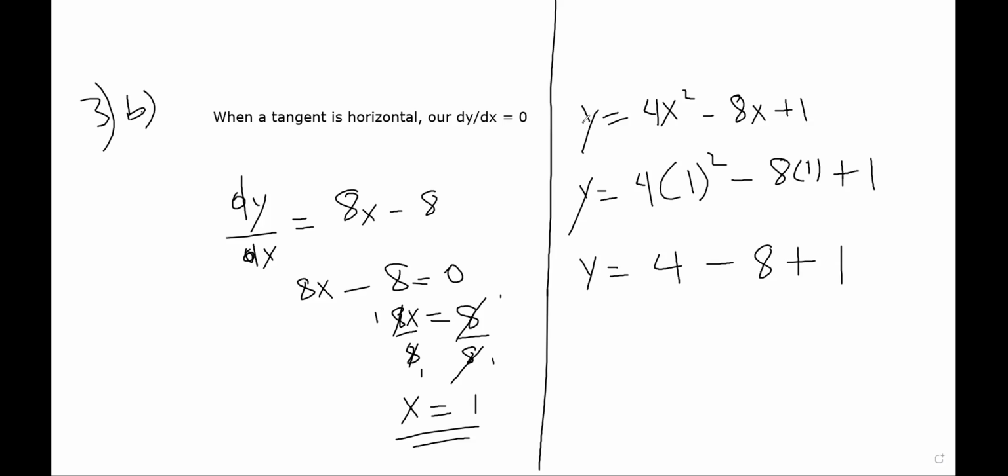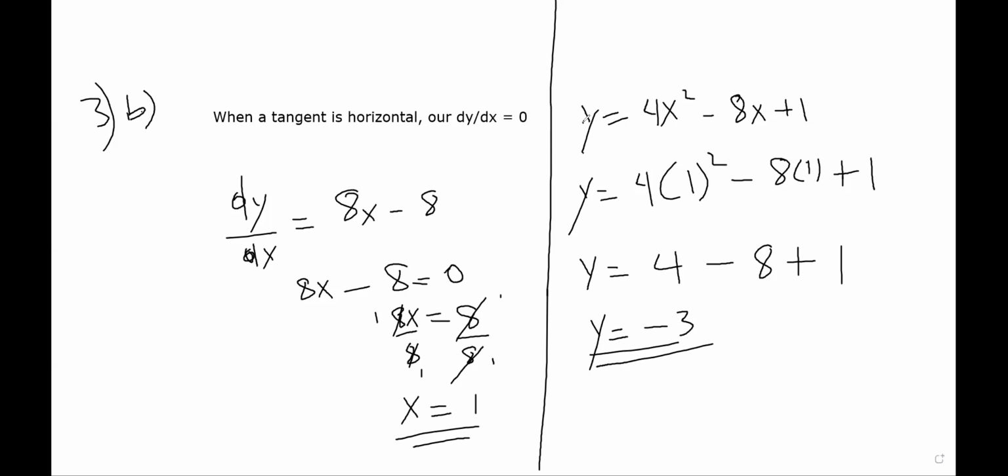So therefore, our answer, our y, is going to be equal to -3. So we have our second coordinate now, which is our y.